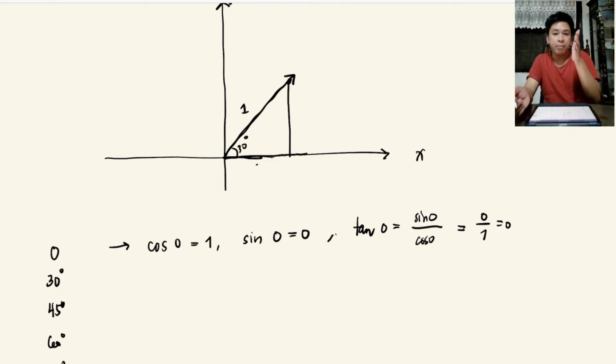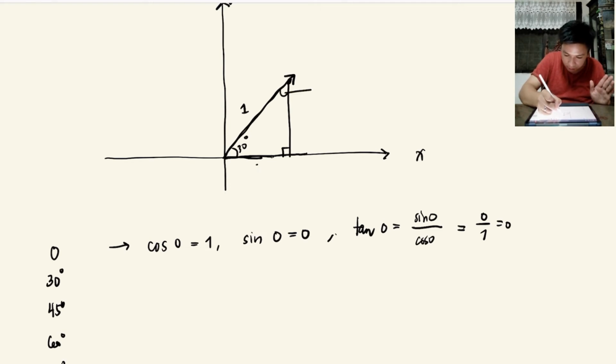Since it's perpendicular to the x-axis, this one here is 90 degrees. So we don't have a choice but to assume this as 60 degrees. Now, recall the theorem 1 we have discussed earlier: the side opposite to 30 degrees is half of the hypotenuse. And since the hypotenuse is 1 here, then this is 1/2.